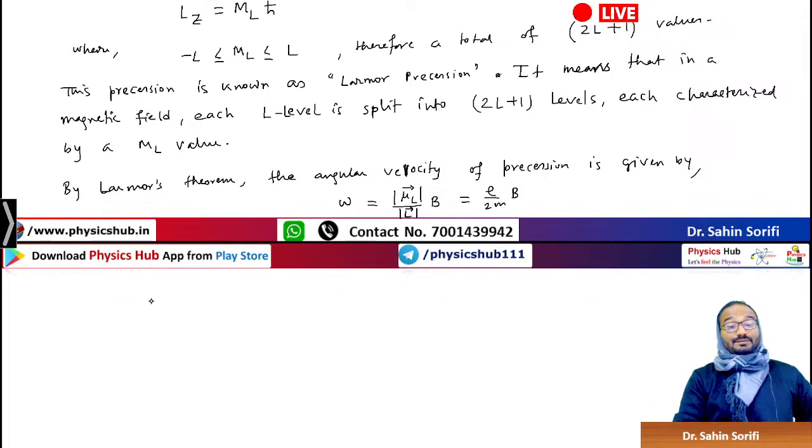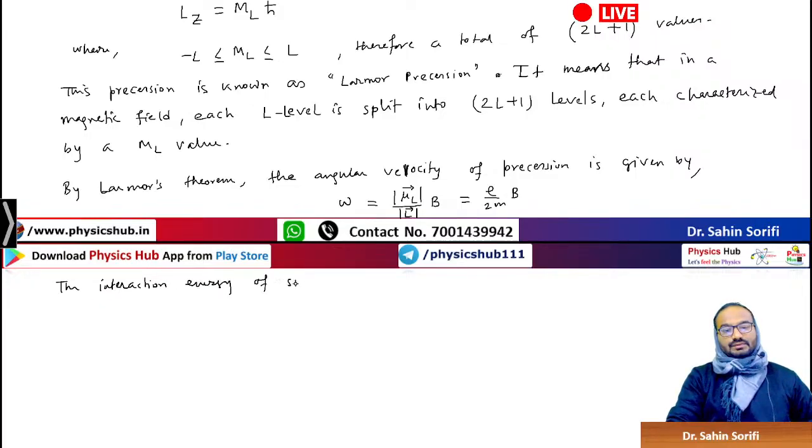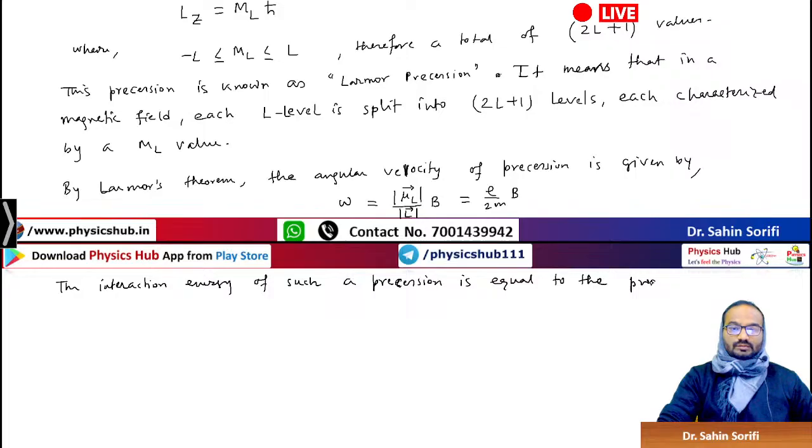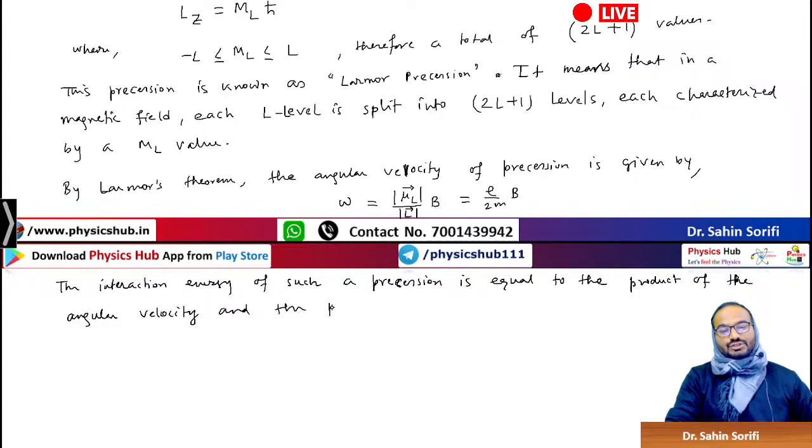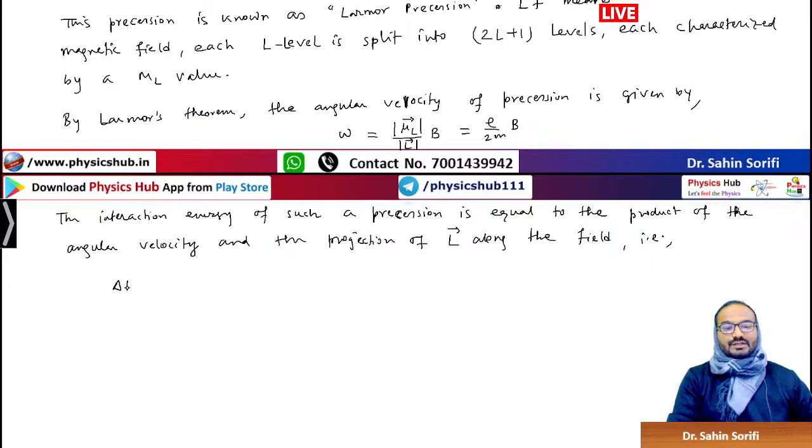So what is the interaction energy of such a precession? The interaction energy of such a precession is equal to the product of this angular velocity and the projection of L along the field direction, that is Lz along the field, that is delta E. Previously it was denoted by one single E. Now delta E is the separation induced between the various components.